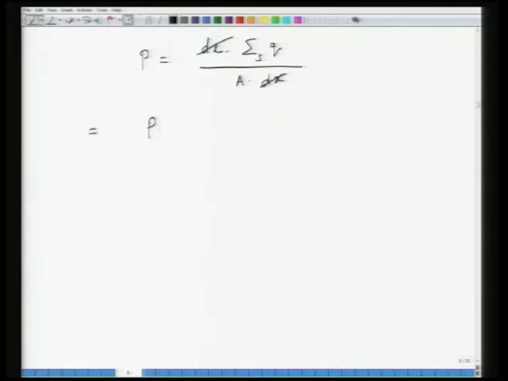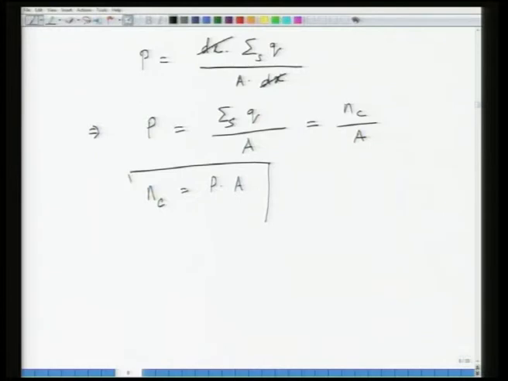As a result, P becomes equal to sigma sq, which is nothing but the total surface charge, divided by A. So, total surface charge is what? Nc, divided by A. So, Nc becomes equal to P times A. The total surface charge is nothing but polarization multiplied by the surface area.